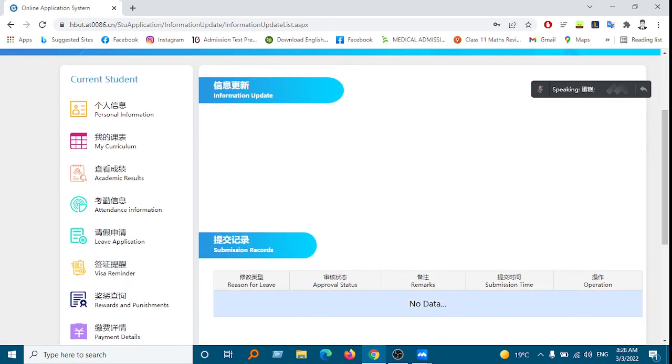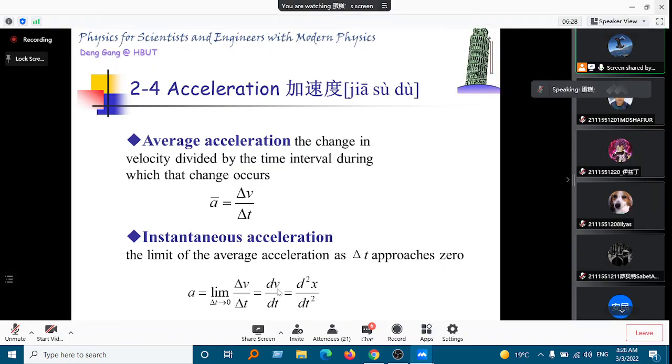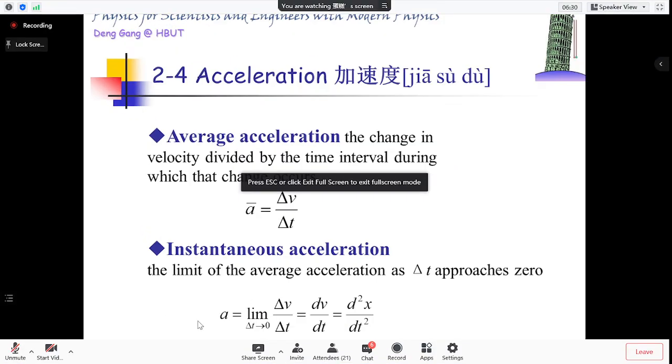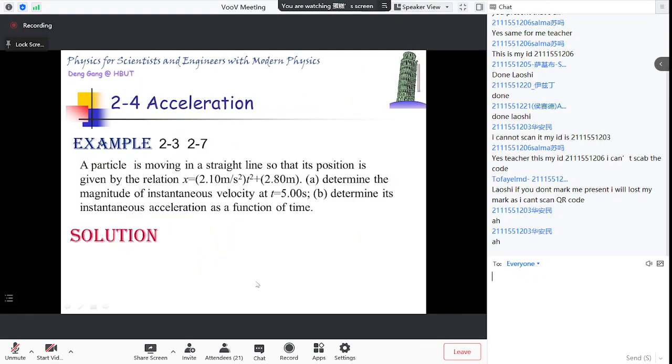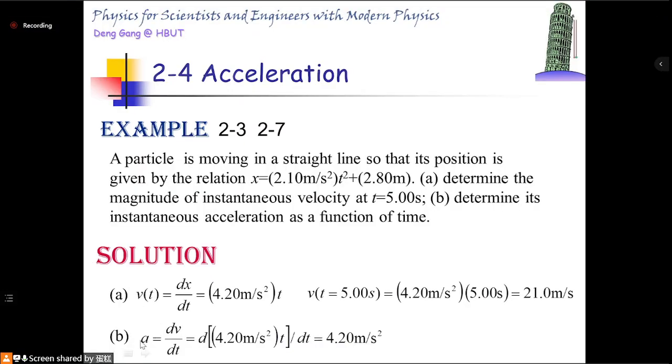It's the limit of average acceleration as t approaches 0. So you can also use dv over dt to calculate the acceleration. So this example tells how to calculate v and a when we know the function of x.